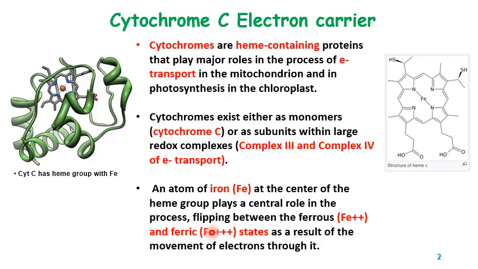So how does it do? When it is in the oxidized form, it is going to have 3 positive charges, so that's the ferric state. When it is in a reduced form, it's going to have 2 positive charges. That's your ferrous state.